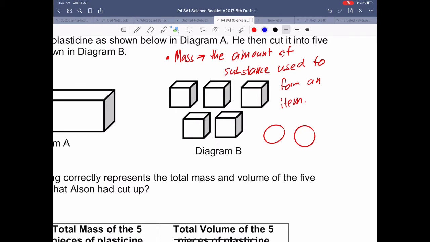Ball A is made up of metal, and ball B is made up of plastic.